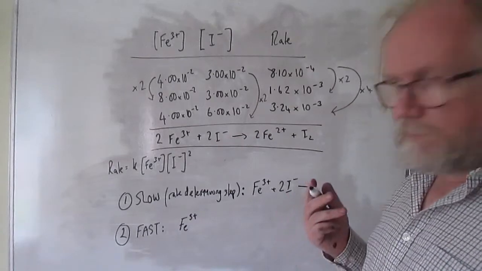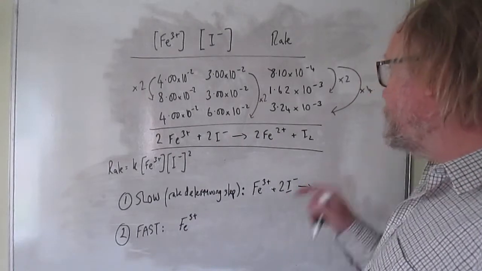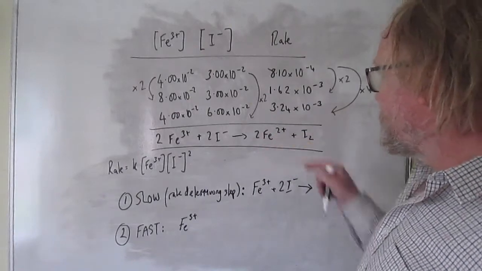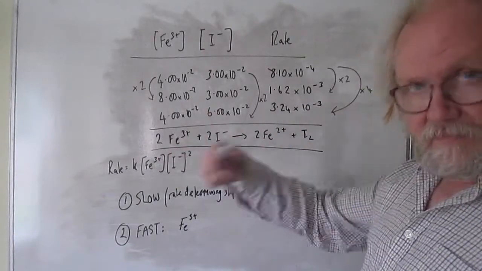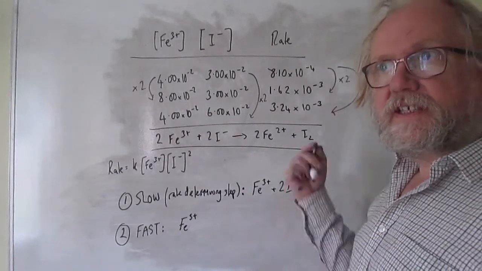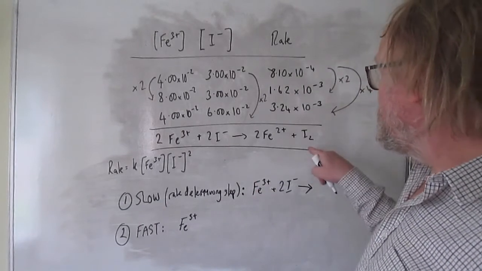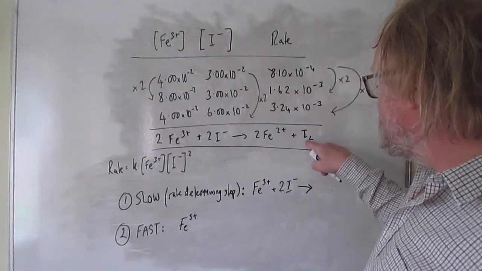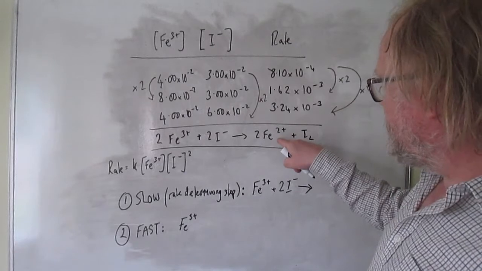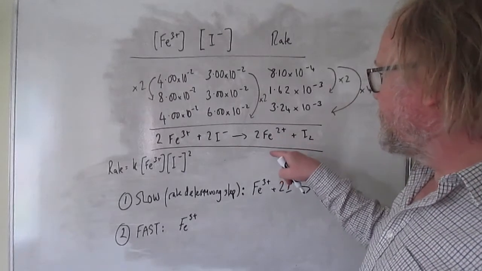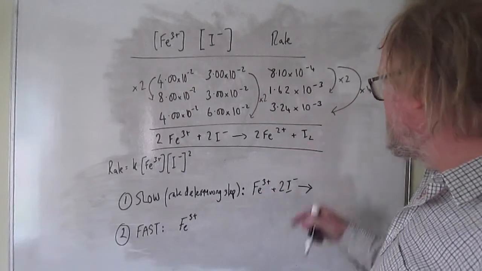So what I would tend to do is to look to see if you can make any of the correct products straight away, because then that means they're accounted for and it simplifies the whole thing. And you can see that you can make the I2. You can't yet make the 2 Fe2+ because you've only got 1 Fe3+, but you can make the I2.